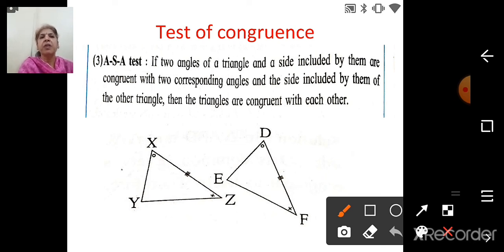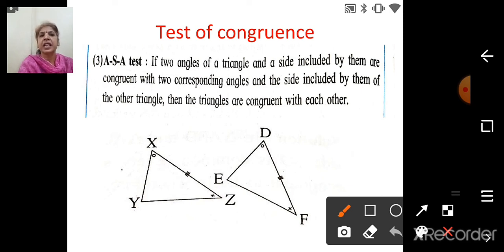So if two angles of a triangle and the side included by them are congruent with two corresponding angles and the side included by them of the other triangle, then the triangles are congruent with each other. And the test is ASA, angle side angle, that is the two angles and the included side.